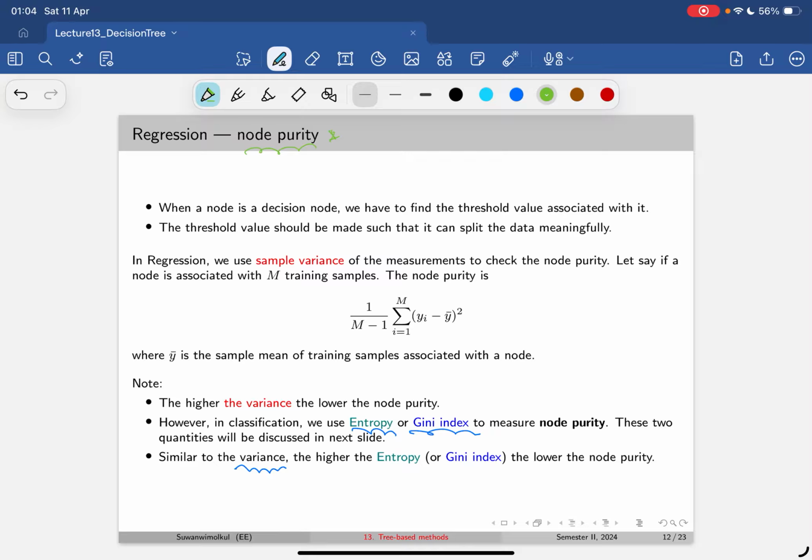If the variance is high, then the node will have lower purity. Likewise, for the case of classification, if the entropy or Gini index is high, then that node is less pure, or the purity is lower. So let's look at the reason why we define this.